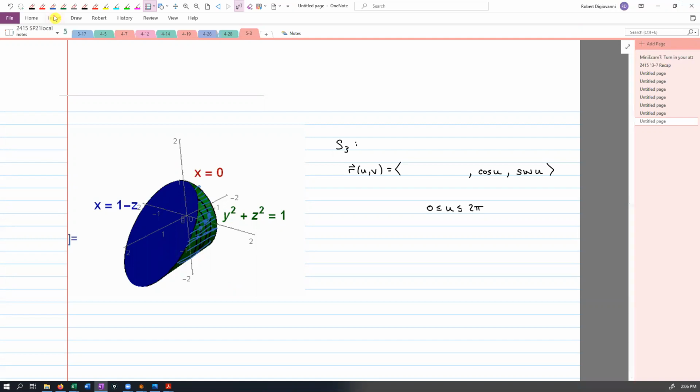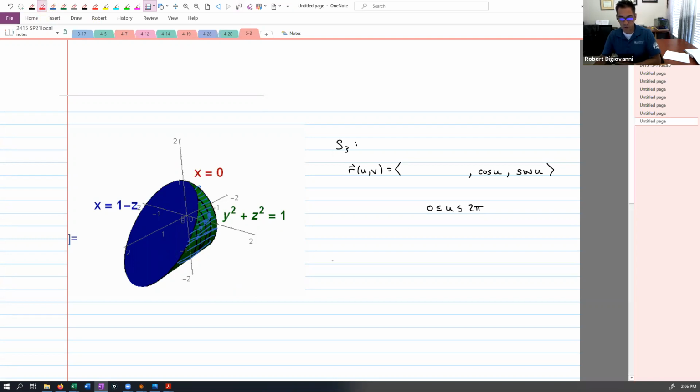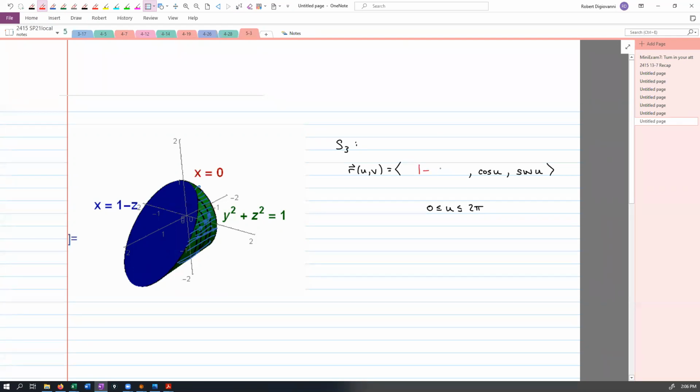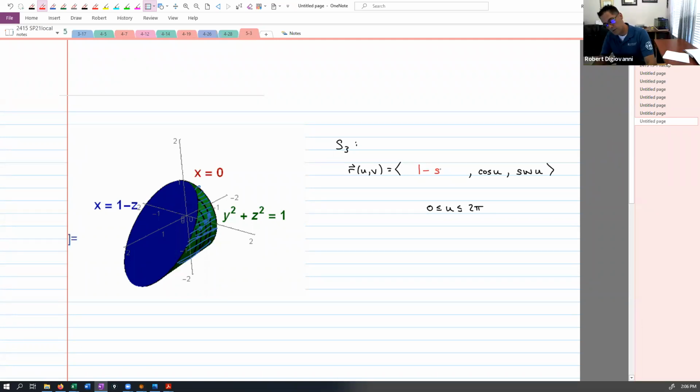Okay, yes and no, because I'm not quite sure what you want me to use: 1 minus sine of U or sine of V? Let me go out on a limb, because we got this surface of X equals 1 minus Z. Let me do sine of U. That's 1 minus Z, right?